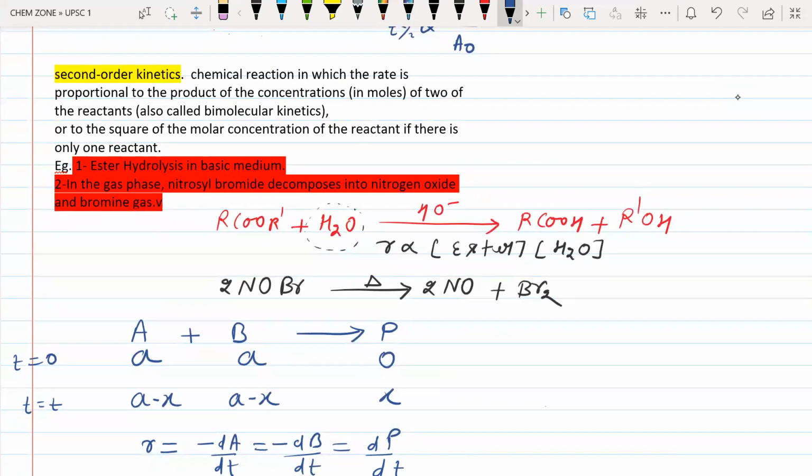For an example, ester hydrolysis in basic medium is an example of second order reaction, as water molecule has an effect on the rate.